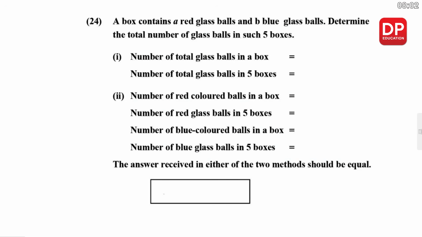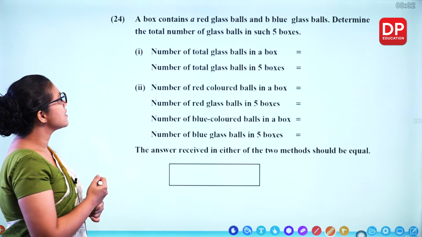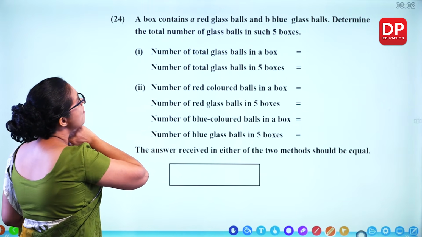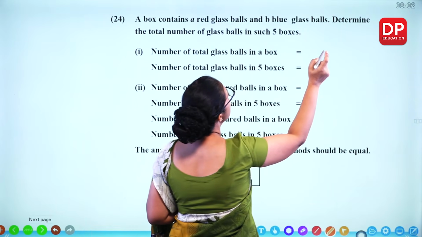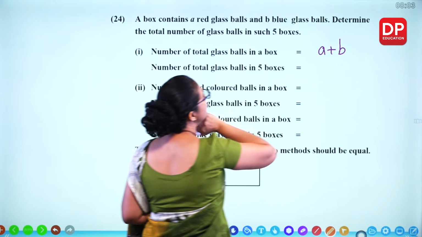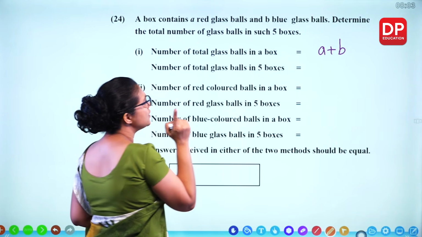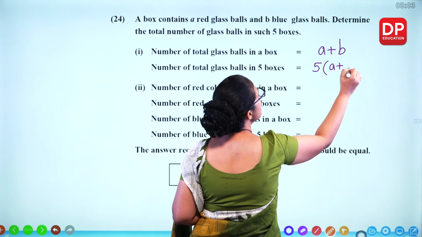A box contains a red glass balls and b blue glass balls. Determine the total number of glass balls in 5 such boxes. Number of total glass balls in a box, what's that? a plus b. Number of total glass balls in 5 boxes, you have to multiply 5 times a plus b.